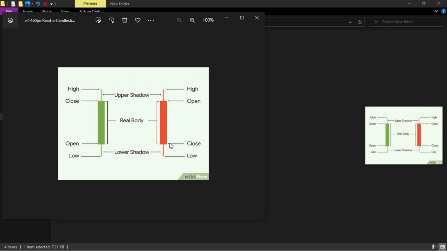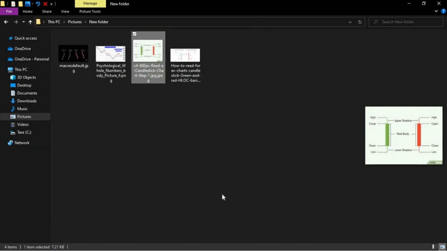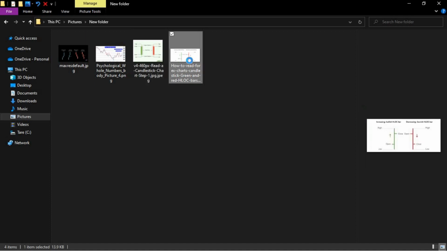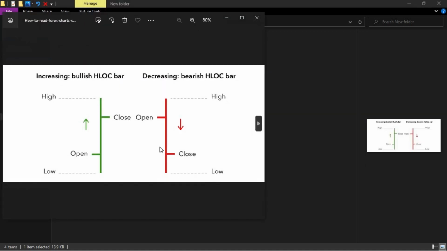This is for understanding candles, basic knowledge. Just want to touch this again so that I will not leave some people behind. Okay, so you can just change your charts back like the way I did it.